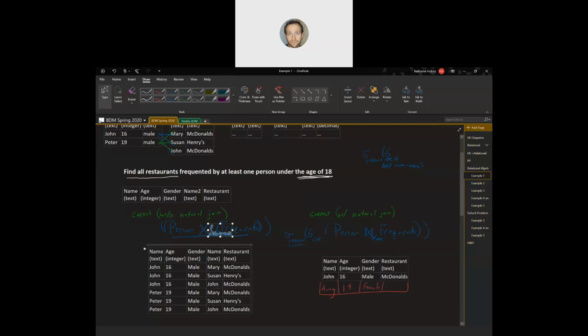And now this will rename this column to something different. Okay. Now we're interested in people who are under the age of 18.